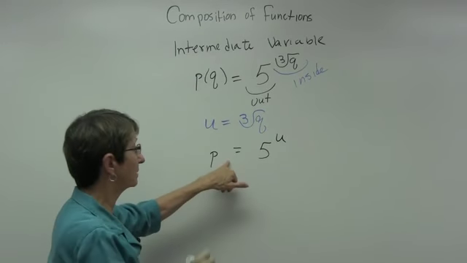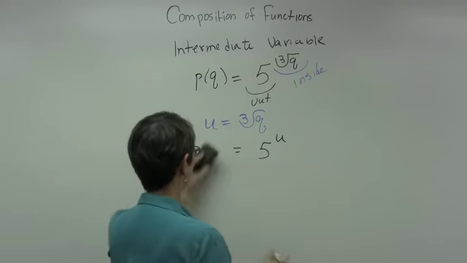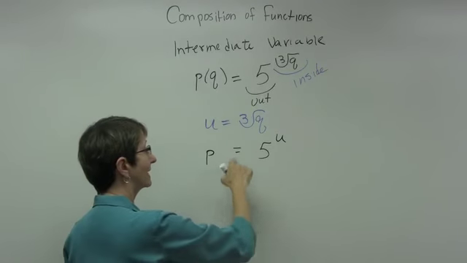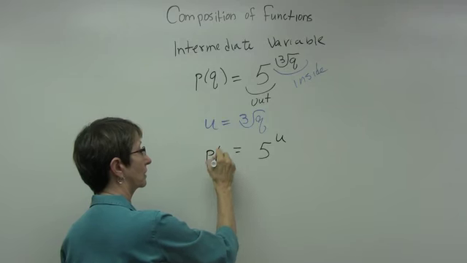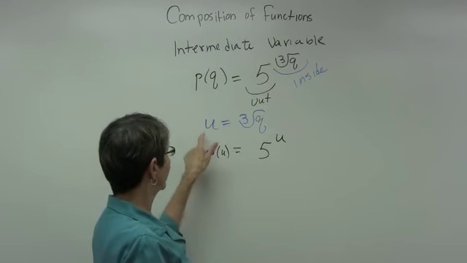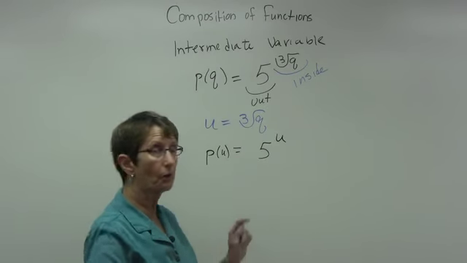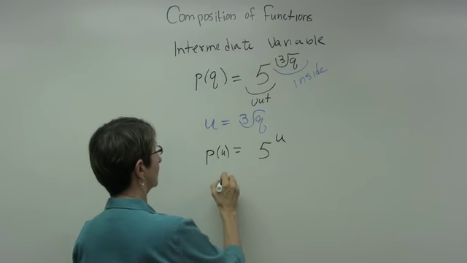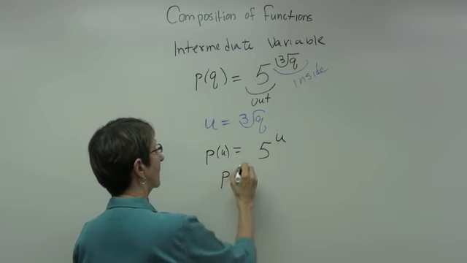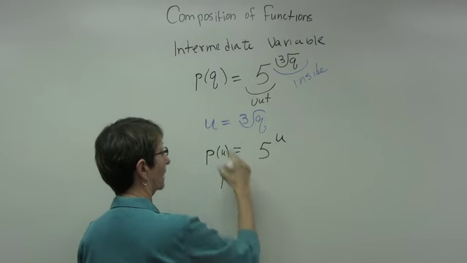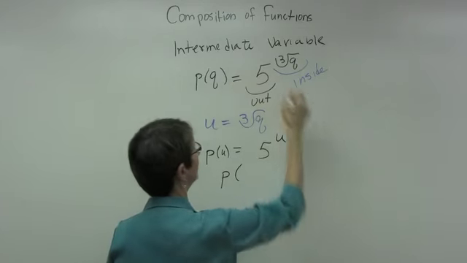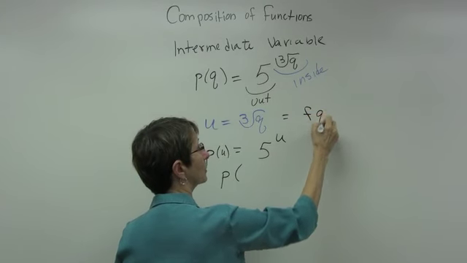Now note I didn't put p of anything. I sort of left the of part blank here, because in this case p is a function of u, and then u is a function of q. So I combine these as my function p of u, and u I could write as f of q.